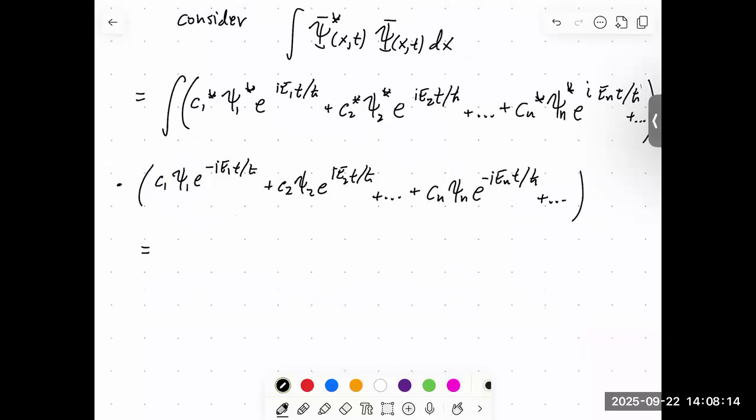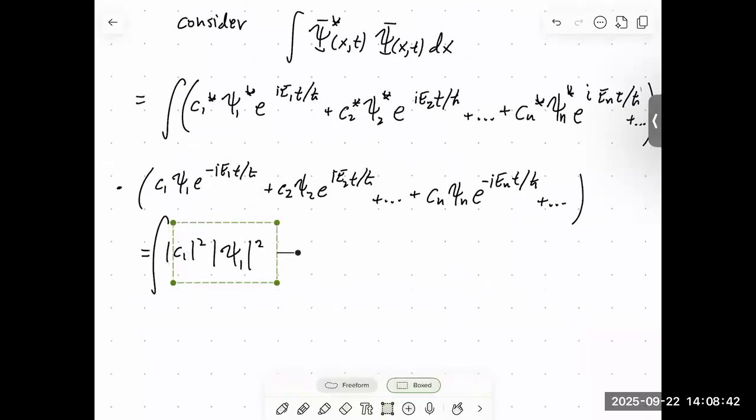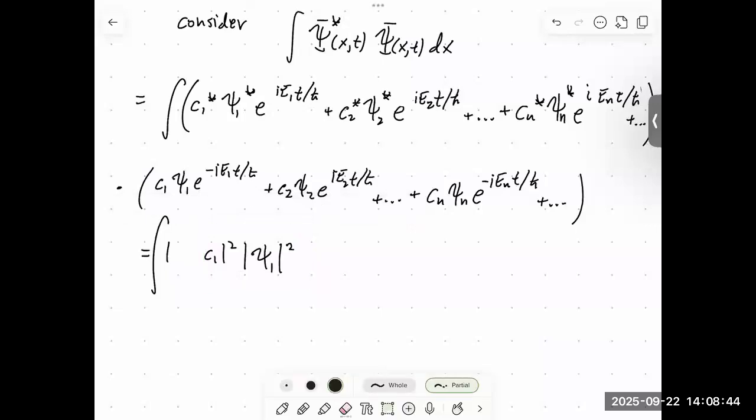Okay, so the direct product is pretty straightforward because the exponentials are going to cancel. They have opposite sign. C1 star times C1 is just the absolute square of C1. And then we have psi1 star times psi1, which is the absolute square. Okay, and we still have an integral, and there's still going to be a whole bunch of terms to think about.